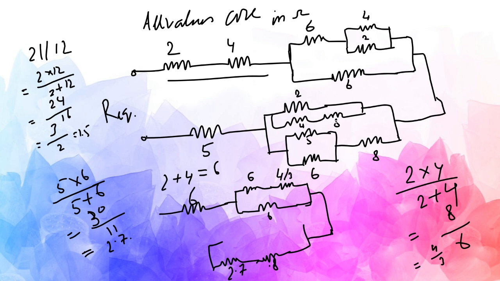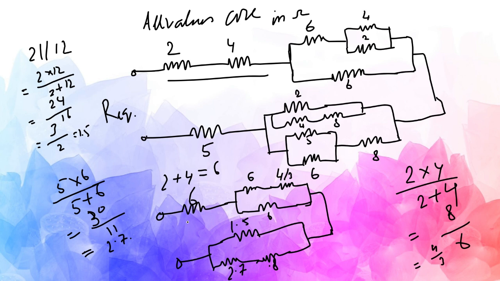So 4 plus 8, 12, and 12 in parallel with 2 becomes 1.5. Fine. So this is now a simpler circuit than the previous one.